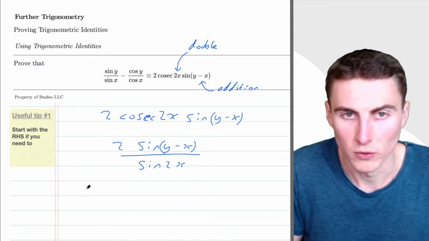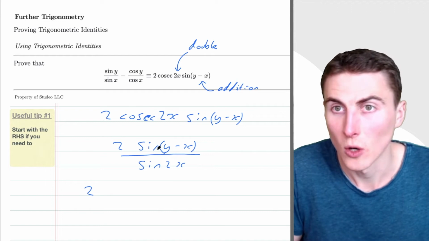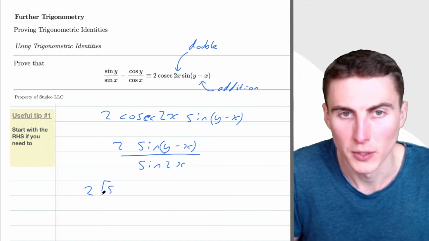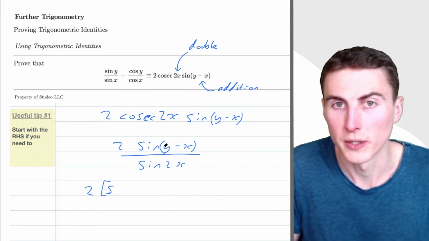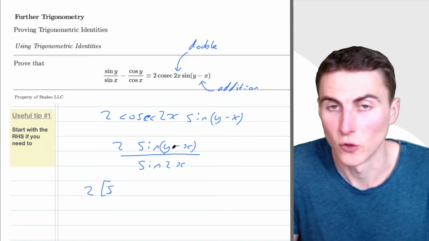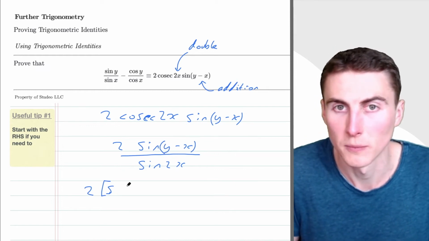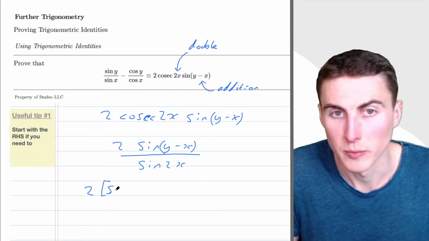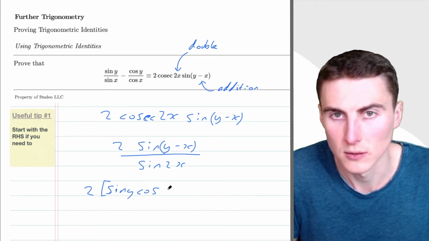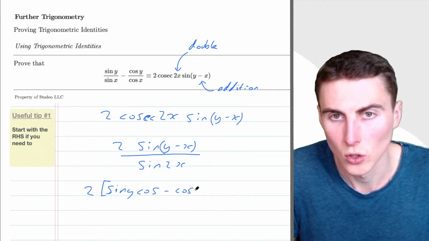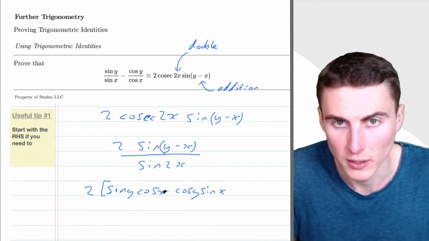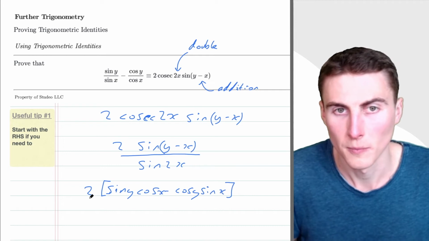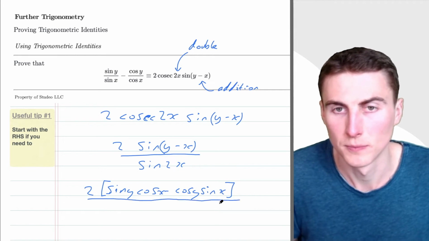Applying all of that, this top bit, if I apply the addition formula, which you're given in the formula booklet, because it's a y and an x and a minus, it's going to become 2 sets of sine y cos x minus cos y sine x. So that's my numerator now.